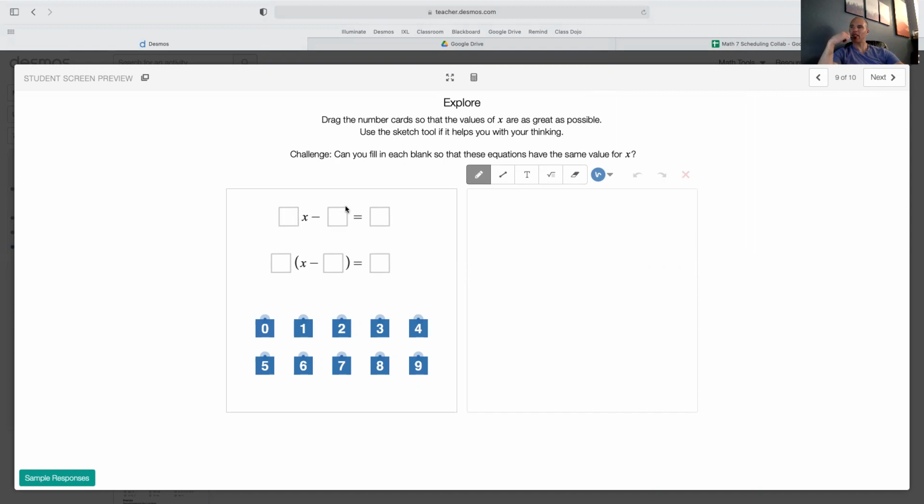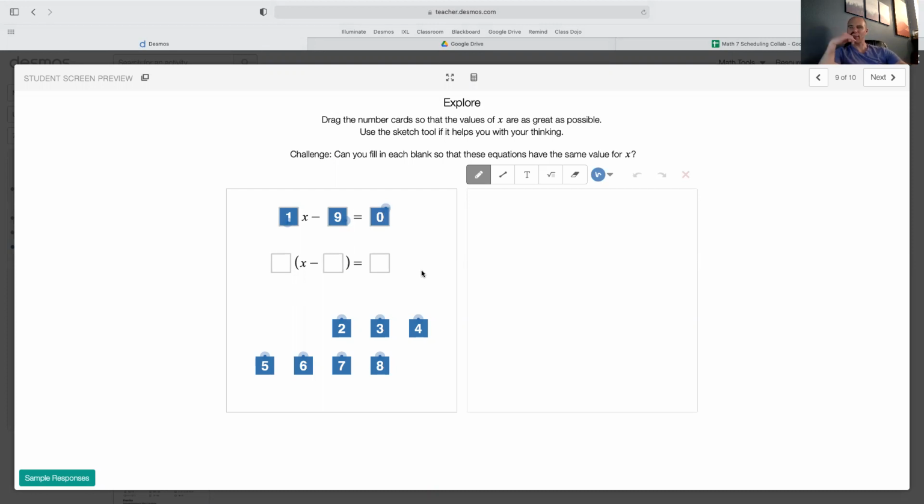Okay. So if I need x to be really big, then I probably want its coefficient to be really small. The number I'm subtracting from it to be really big, and the number it equals to be really small, right?